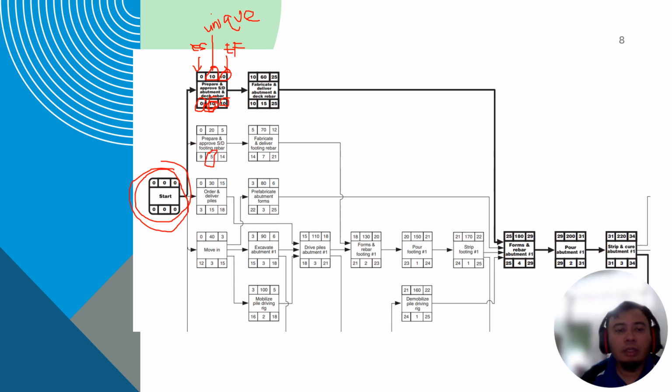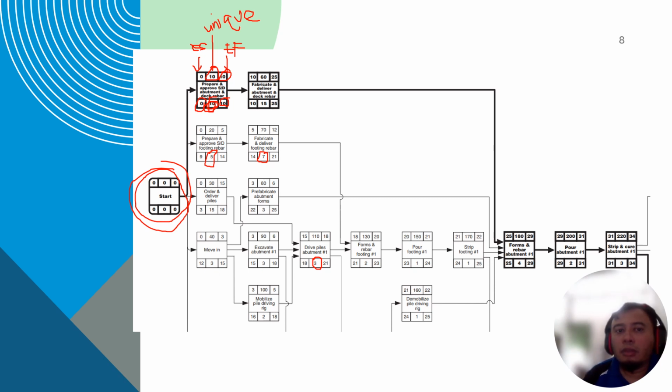Each activity's duration is your estimation based on the normal number of workers, equipment and workload. For example, you can drive 5 piles per rig per day.